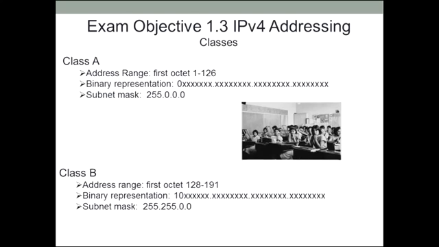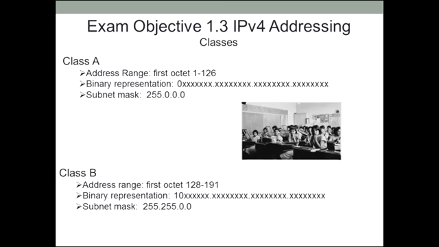Now, Class B addresses, they fall within the address range of 128 to 191, and in their binary representation, the first digit is always a 1, the next digit is always a 0. And their subnet mask is 255.255.0.0.